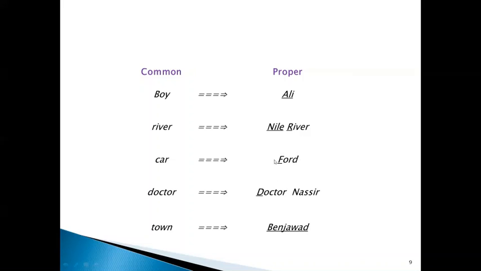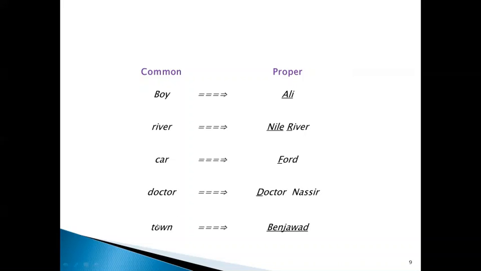So we think of a specific name. We call them what? Proper nouns. We think of doctor. Generally, any doctor is a common noun, but Dr. Nasser is a proper noun because we are talking about a specific name of a person.